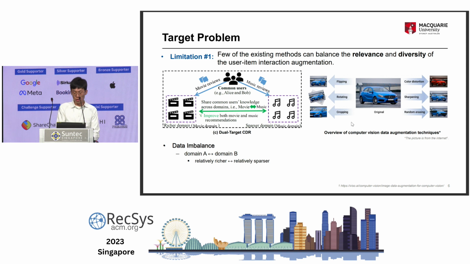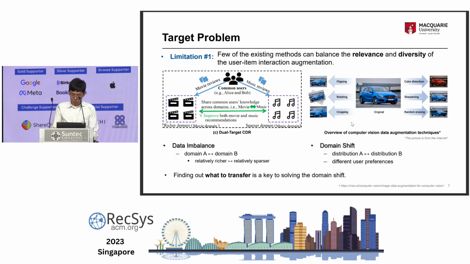What's more, we all know that the data from the source domain and target domain come from different environments, regions, or times. So it will lead to different user behaviors, preferences, item features, and distributions.